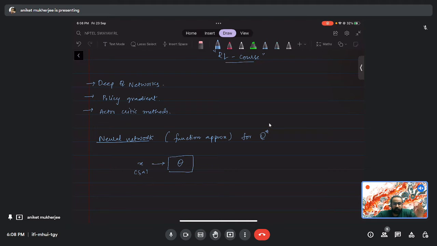I might use a different notation from sir's lectures, really sorry for that. It gives you a function of my states and actions, which I want to approximate, with parameter theta.